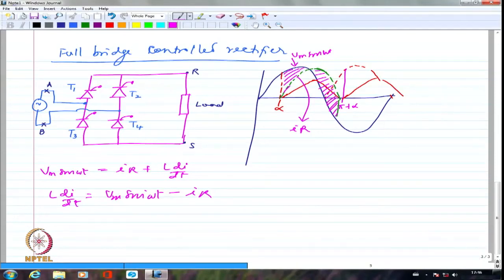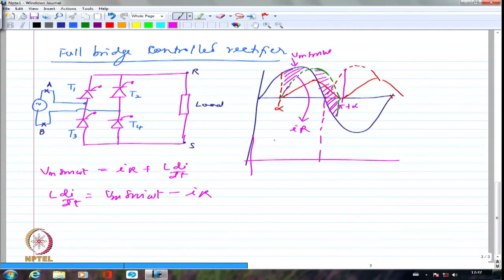Whatever VL is accumulating, the inductance is accumulating as energy. The entire thing has to be given back right away. That is what makes the current continue into the negative half cycle as well. So if I look at the voltage during this kind of conduction, the voltage comes out somewhat like this.